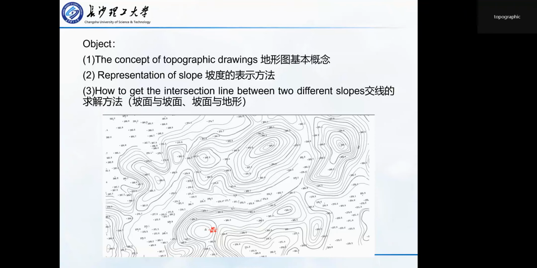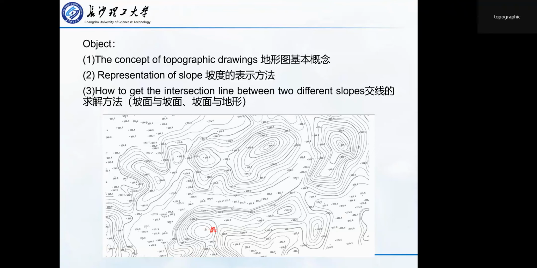So usually we can see the kind of map like this. I have shown it before in the AutoCAD lessons. Maybe you remember in which part I have shown it to you.